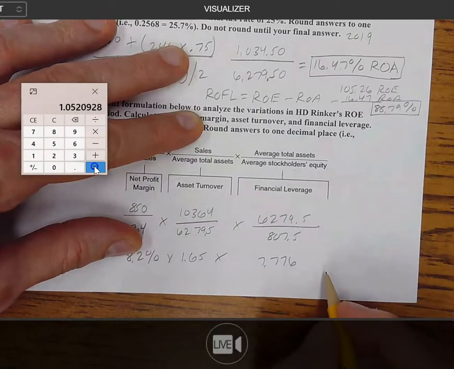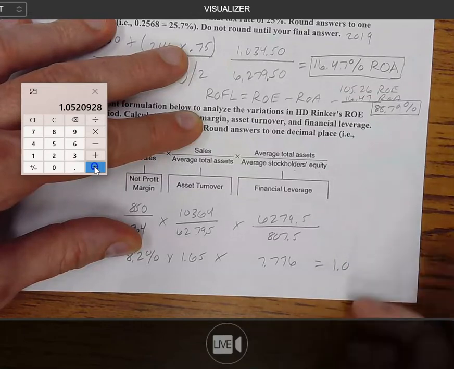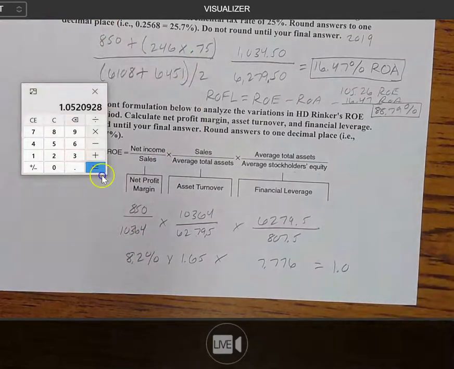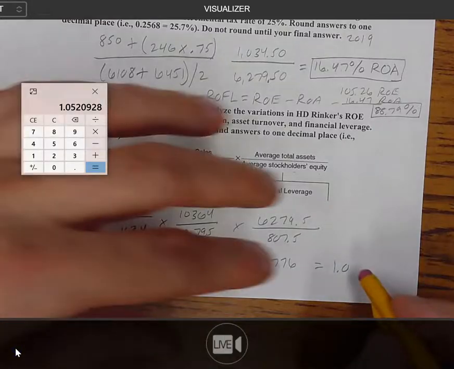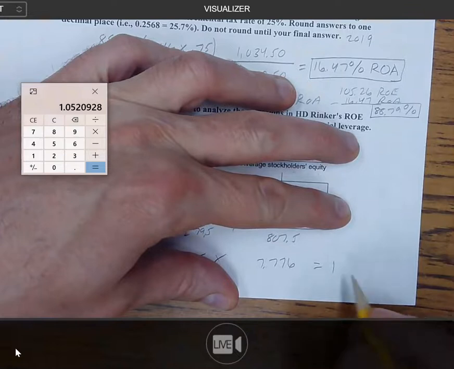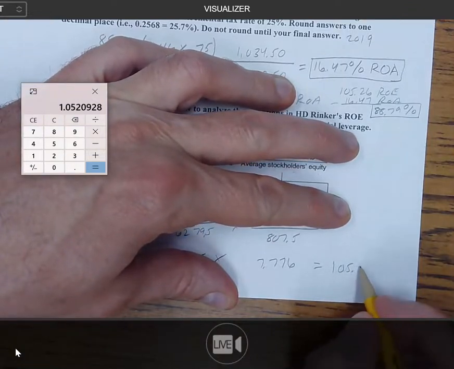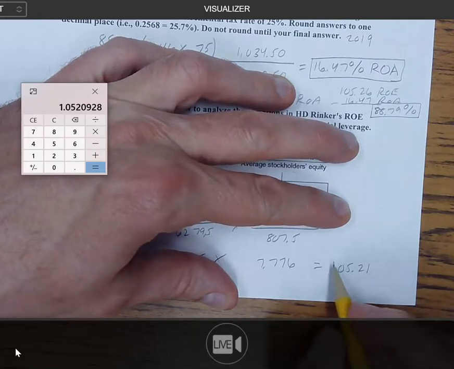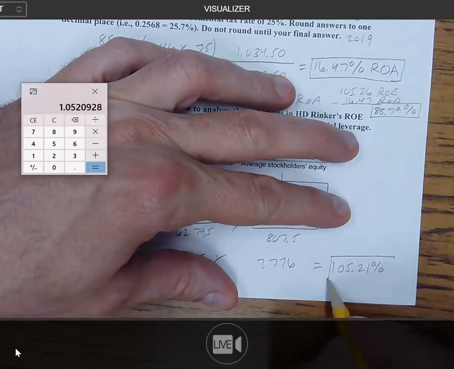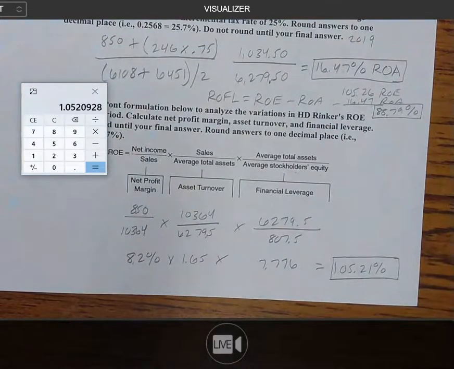We have a slightly adjusted ROE of 105.21%.